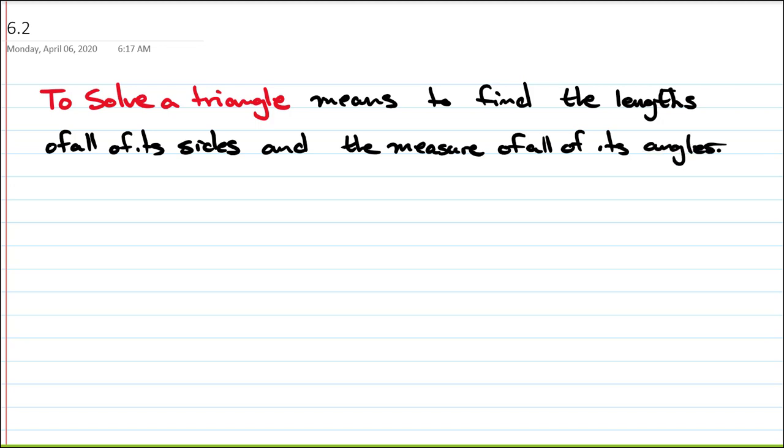So if we are asked to solve a triangle, what it's really asking us to do is to find the measure of all the sides of the triangle and of all of the angles in the triangle.